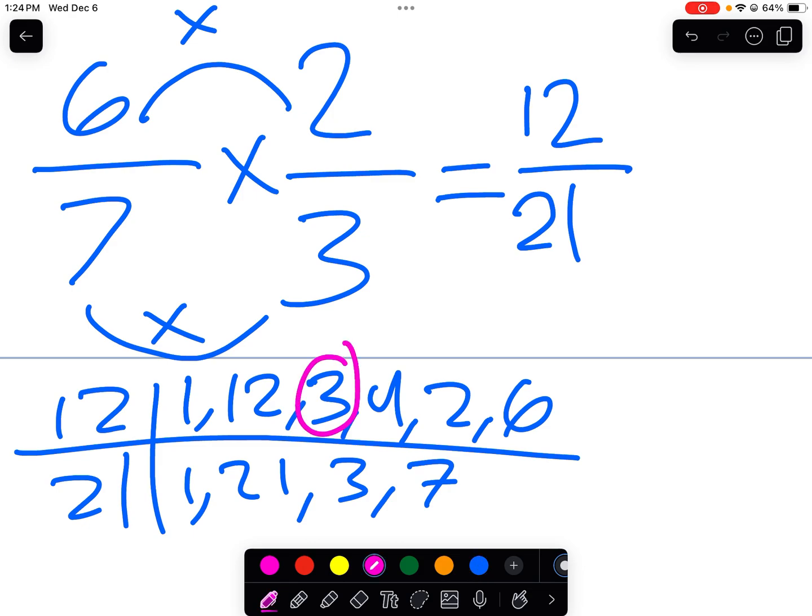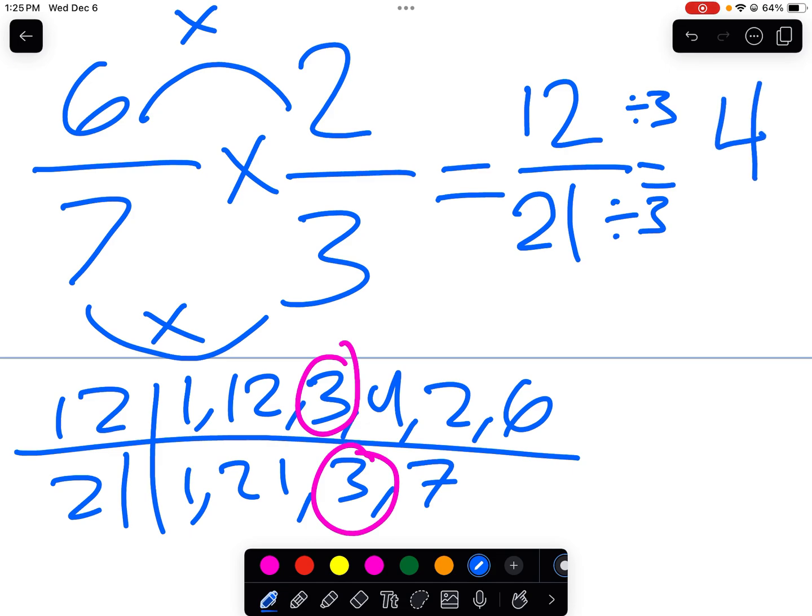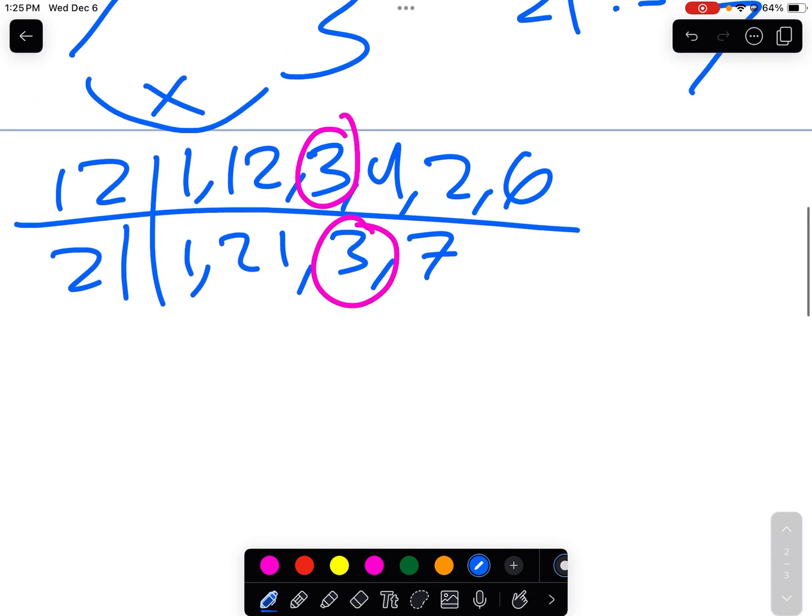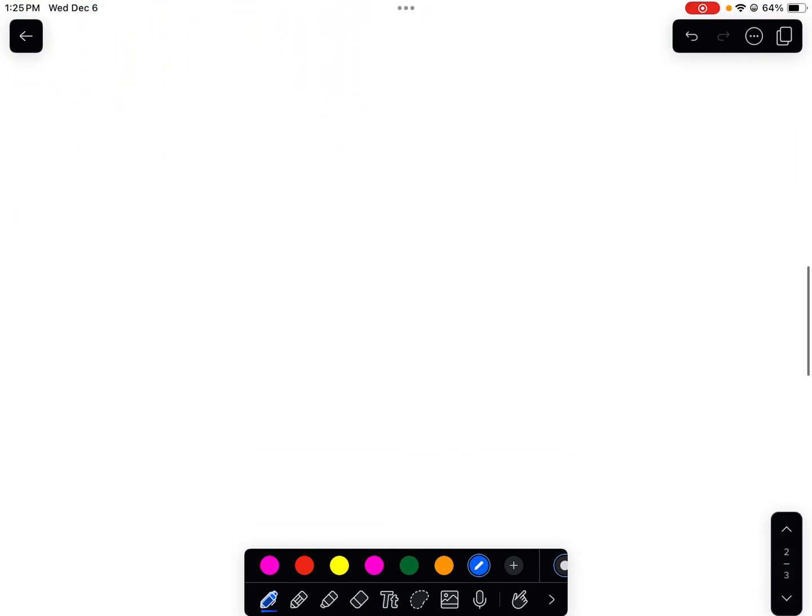Actually, I think we have 3 as our greatest common factor. So if we want to reduce it, let's divide each of these by 3. 12 divided by 3 equals 4. 21 divided by 3 equals 7. And the answer, if it were simplified, is 4/7. That's not so bad, right?